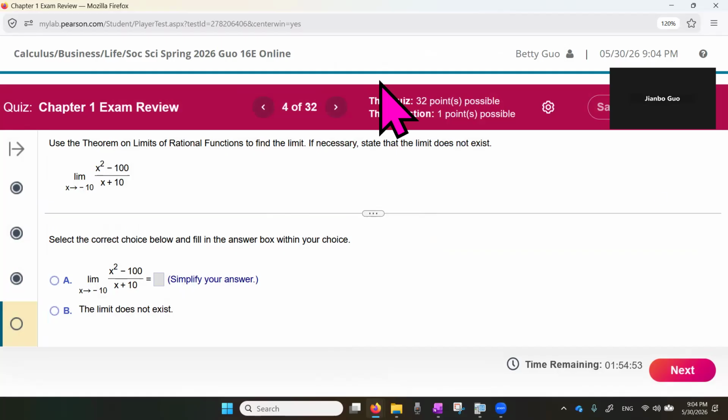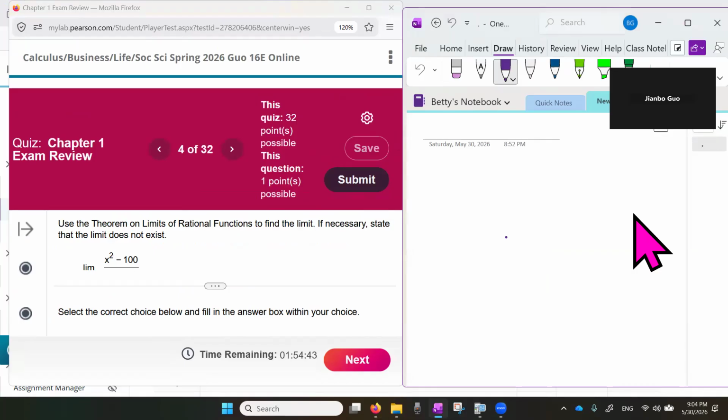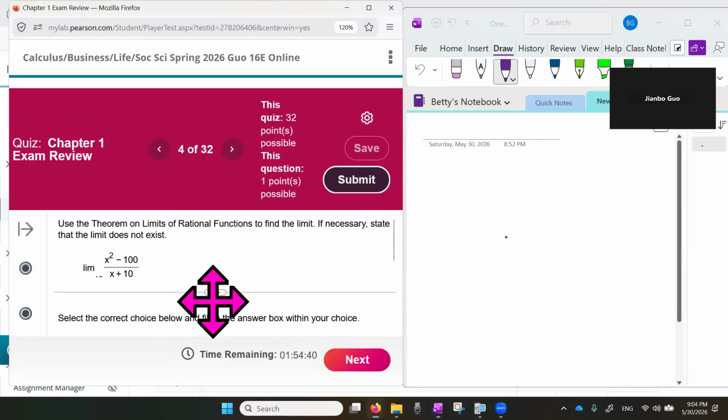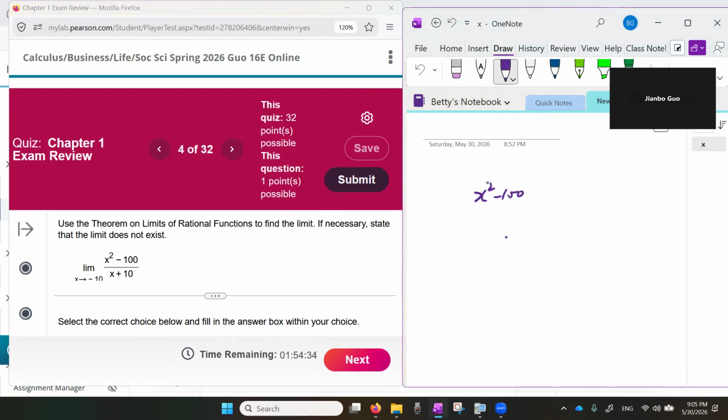And this function, we need to demonstrate. So this function is a rational function. Numerator is x squared minus 100. Denominator is x plus 10.